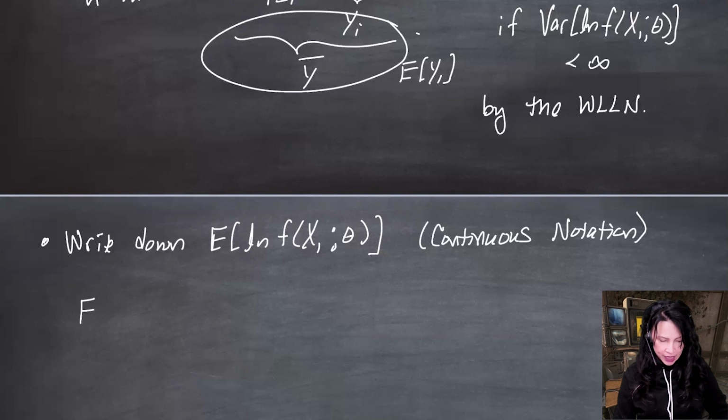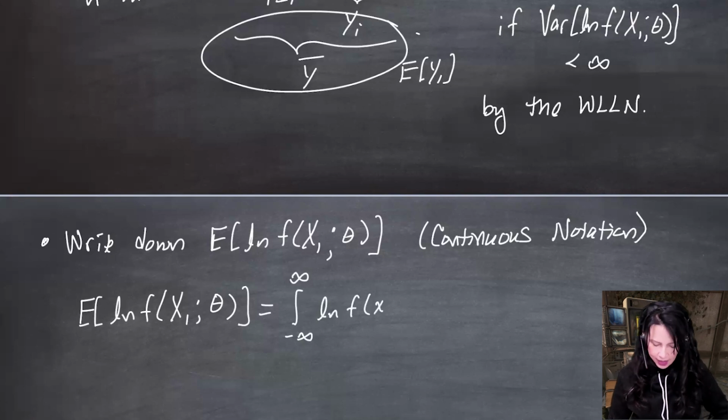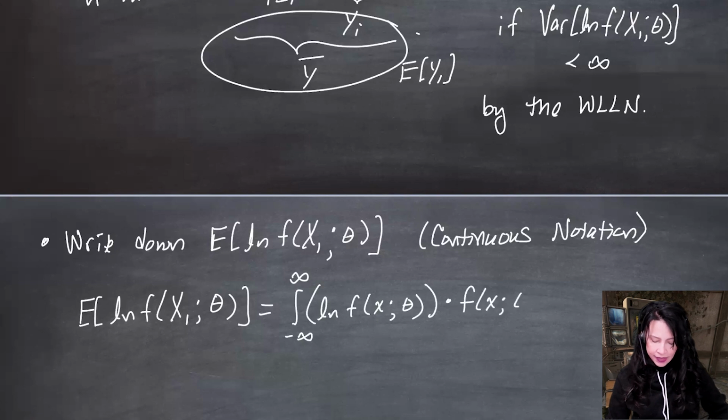So the expected value of the log of f(x1, theta) is the integral from minus infinity to infinity of the log of f(x, theta), where x is just an argument so I don't need to call it x1, multiplied by the PDF for capital X1. And our PDF was f(x, theta naught). That's what generated x1, x2, and x3, dx.